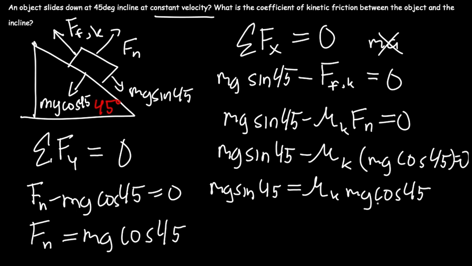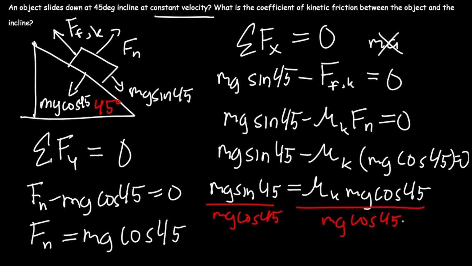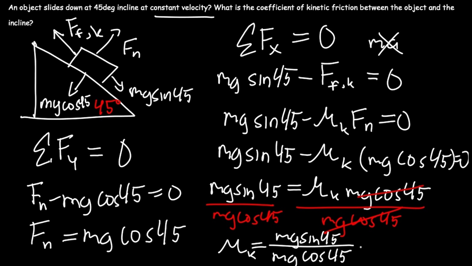And we can divide both sides by mg cos 45 para ma-isolate natin si mu. So we have mg cos 45 over mg cos 45, so makakancel na to. Therefore, mu sub k is equal to mg sine 45 over mg cos 45.